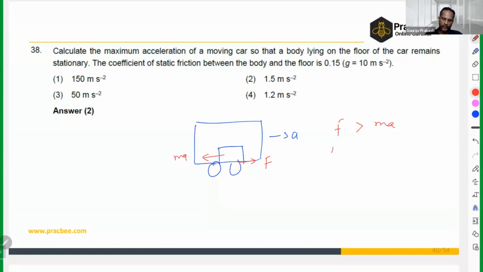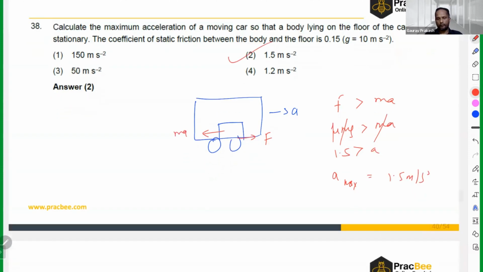So mu mg is greater than ma, m gets cancelled out, mu is 0.15, so 1.5 is greater than A. So A is less than 1.5. So A maximum, not minimum, A maximum will be 1.5 meter per second square. Second is the right answer.